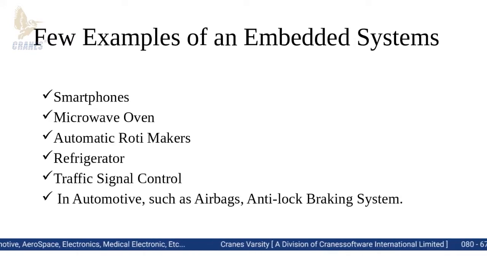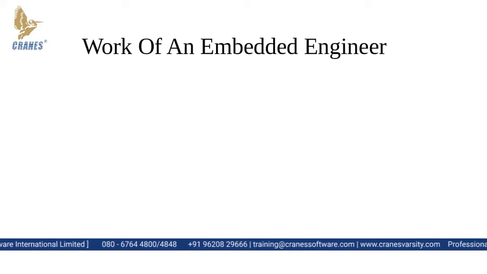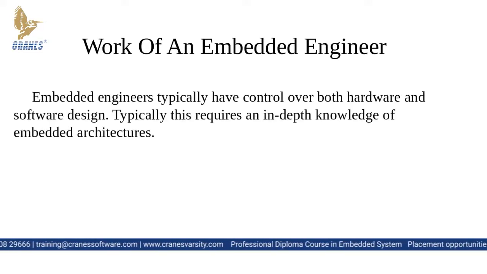There are many embedded systems in a car, such as airbags and anti-lock braking systems, which is known as the ABS. What does an embedded engineer do? Embedded engineers typically have control over both hardware and software design. Typically, this requires an in-depth knowledge of the embedded architectures.